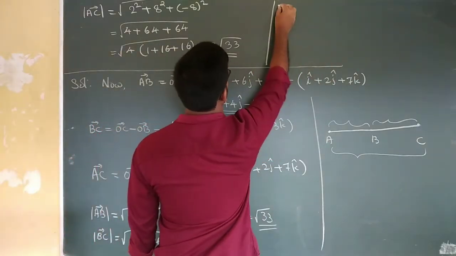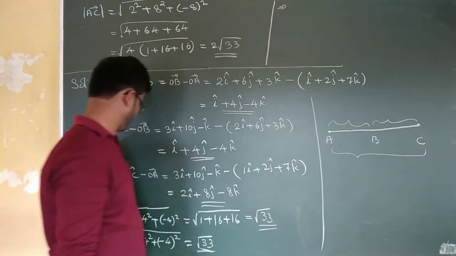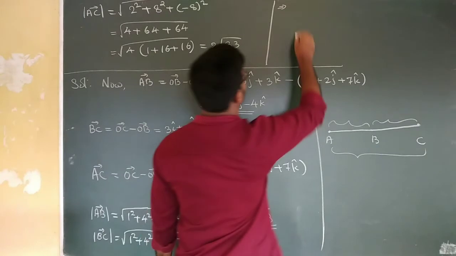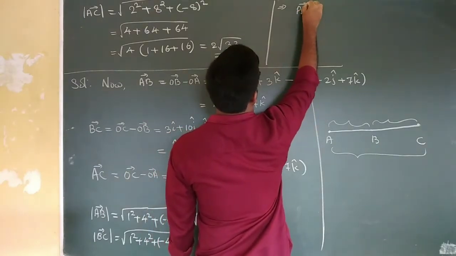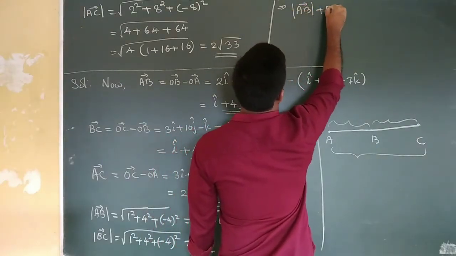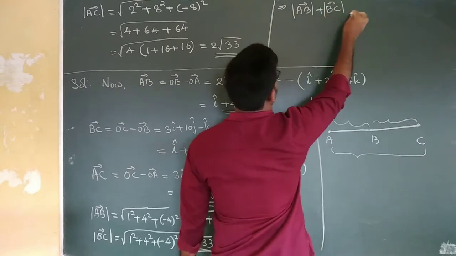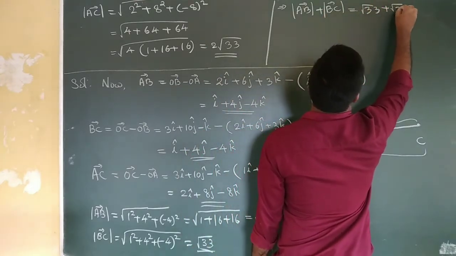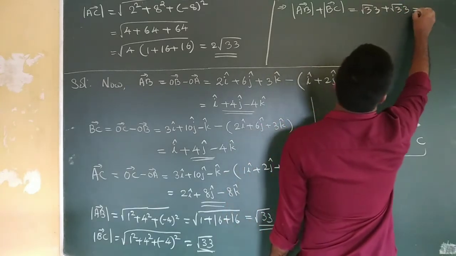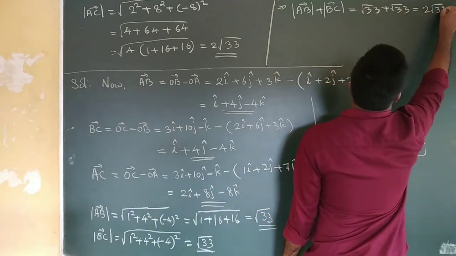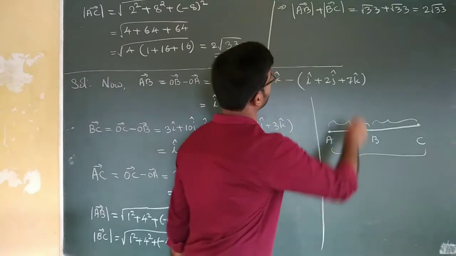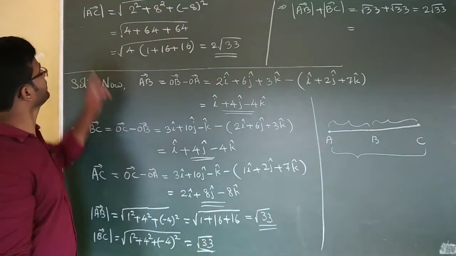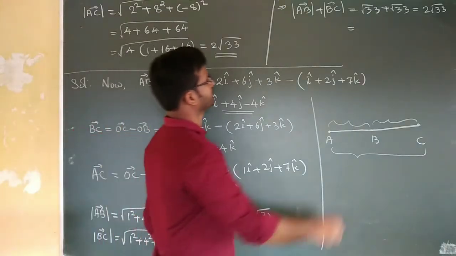Then if you add magnitude of AB vector and magnitude of BC vector, root 33 plus root 33 equals 2 root 33. What is 2 root 33? That is the magnitude of AC vector.